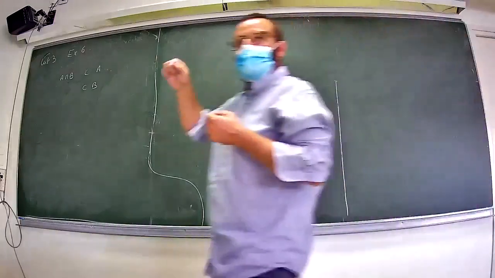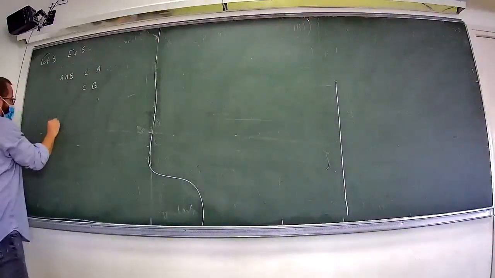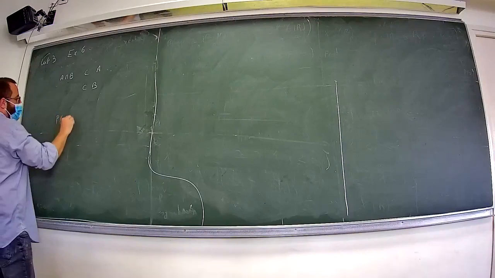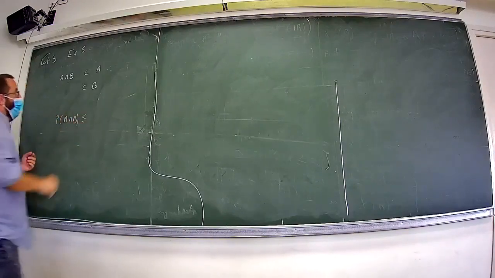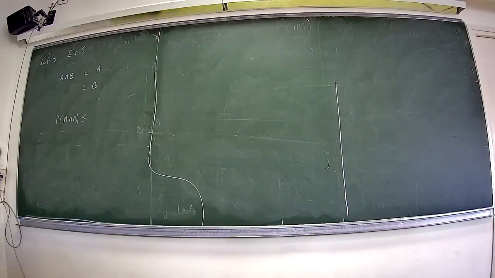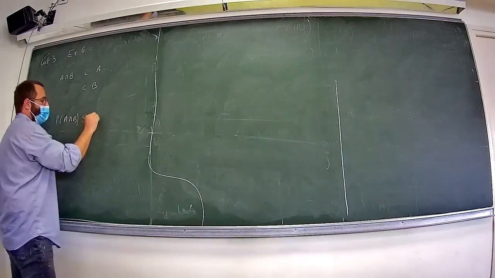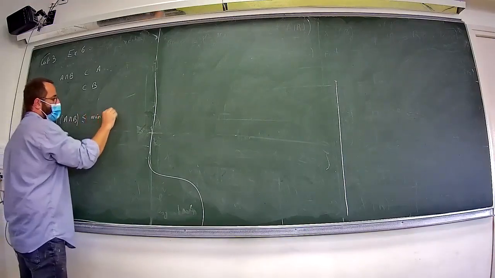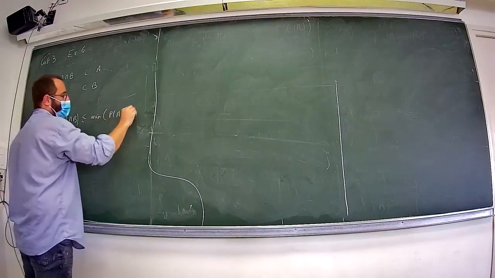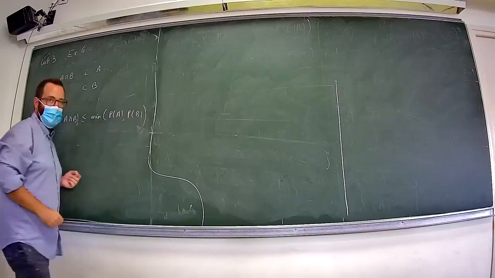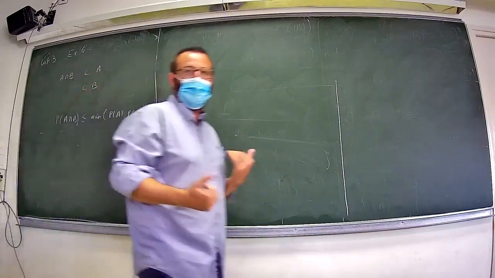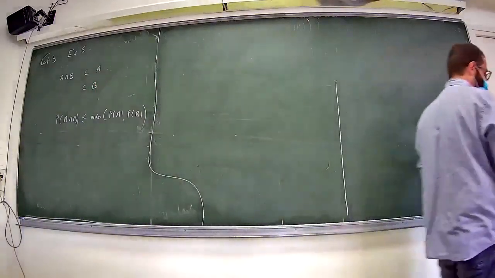So I can deduce from these two inclusions that the probability of the intersection is less than P of A and less than P of B. So I can say that it's less than the minimum between P of A and P of B.